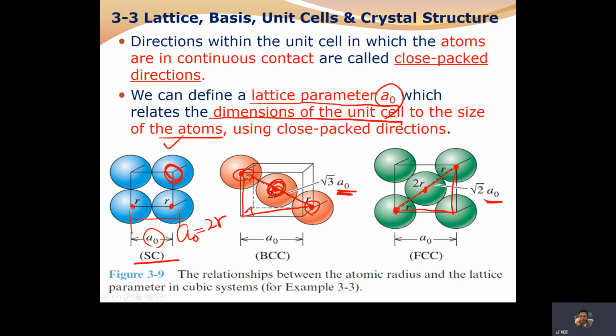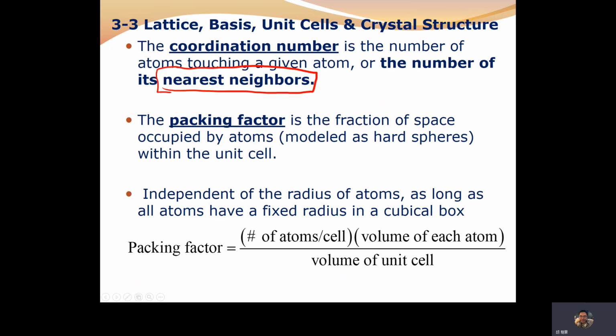The nearest should be 8: 1, 2, 3, 4, 5, 6, 7, 8. For the atom here, I think it's 1, 2, 3, 4, 5, 6, 7, 8 nearest neighbors. So it's called coordination number.